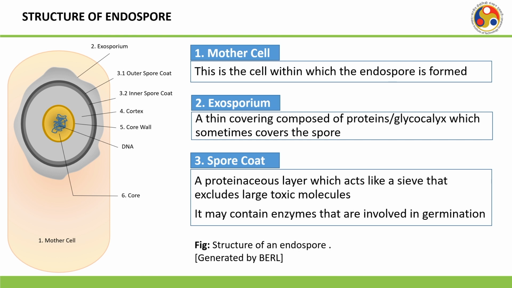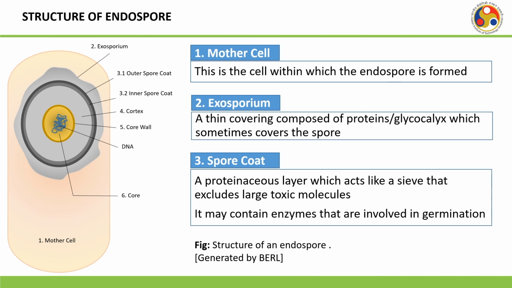What are the structural components of an endospore? We can see here the mother cell, which is the entire cell within which the endospore is formed. Then we have the exosporium. This is a thin covering composed of proteins and glycocalyx, which sometimes covers the spore.